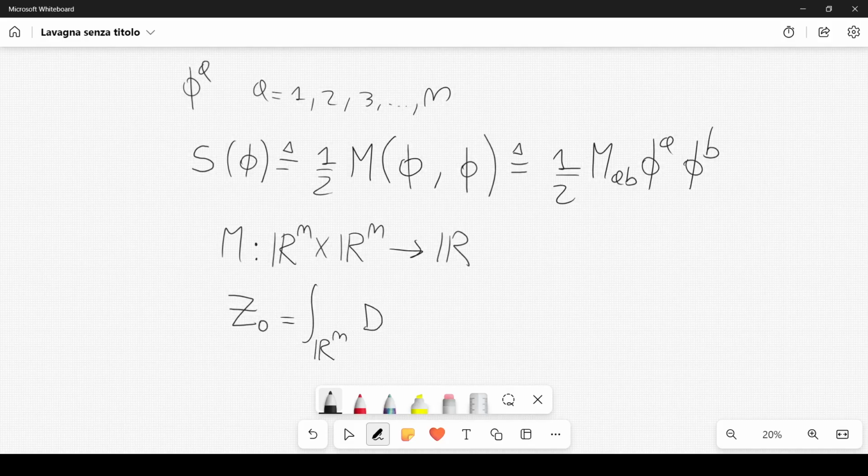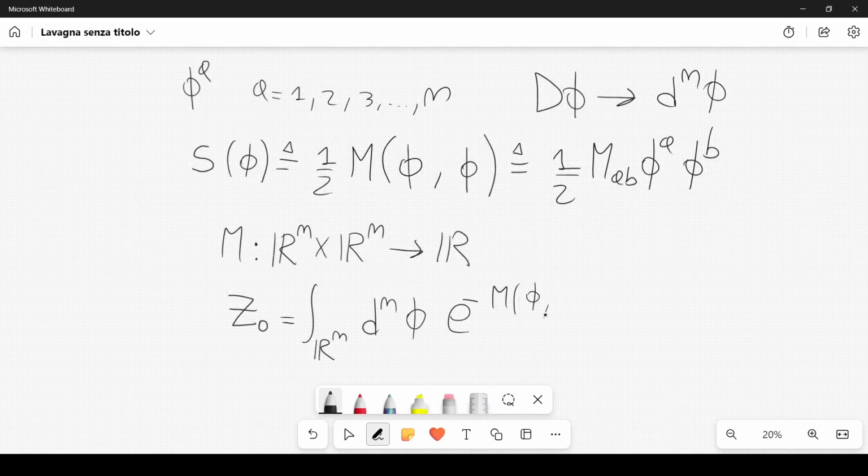Here we have in general d phi, but in this case, instead of this d, we can simply write d^n phi like this, because we only have one field. So it is quite intuitive that we have to replace the measure d phi with d^n phi. So we'll have to integrate in this manner e to the minus M(phi, phi) divided by 2 h bar in the denominator here.